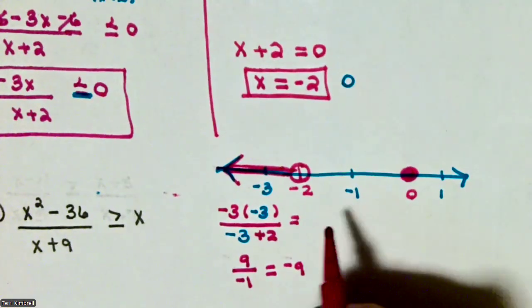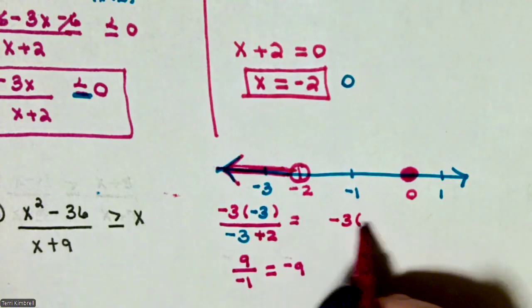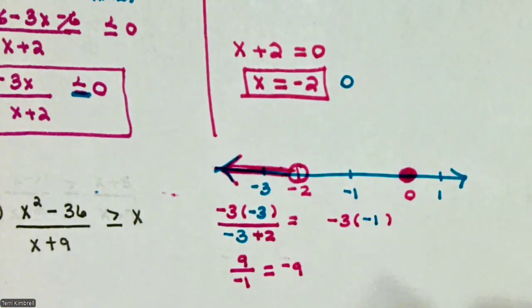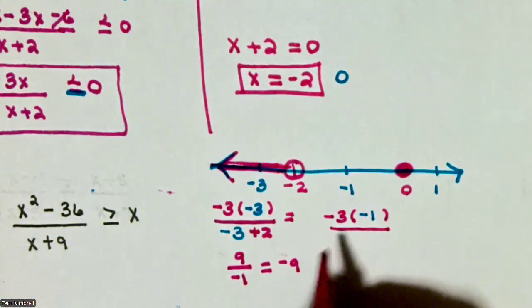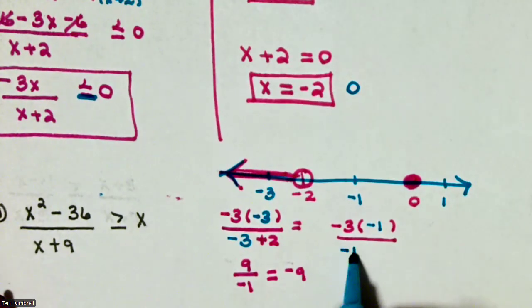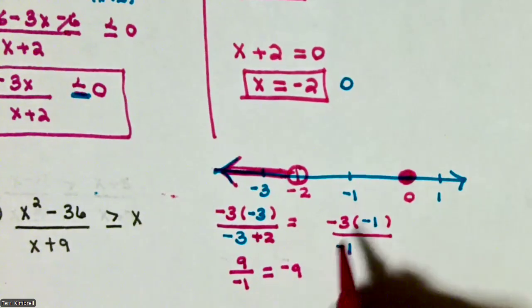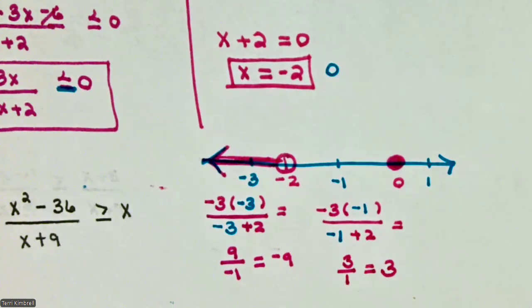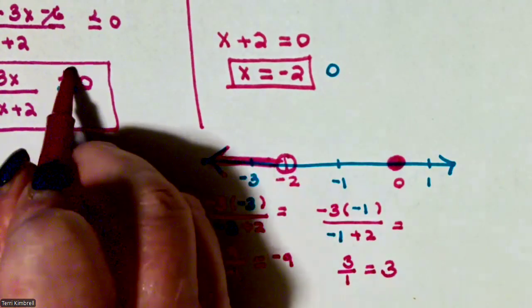Okay, checking -1, you would do the same thing, except you would put a -1 in those places. So this would be -1 here, and then plus 2. So I get +3 over 1, which is 3, and 3 is not less than 0.